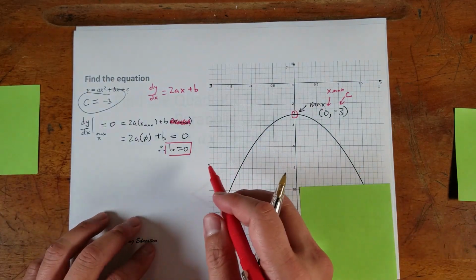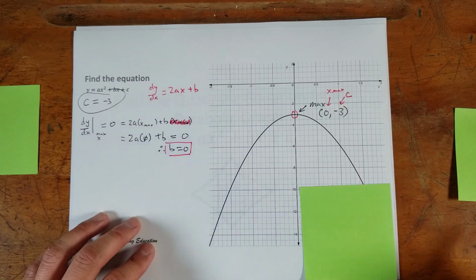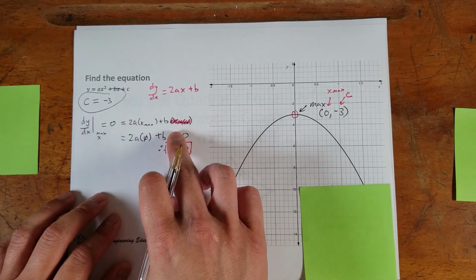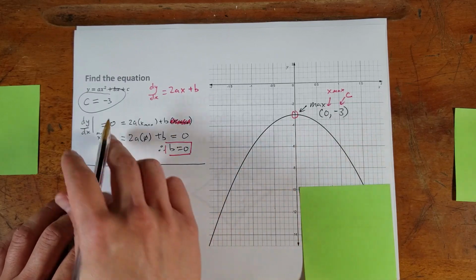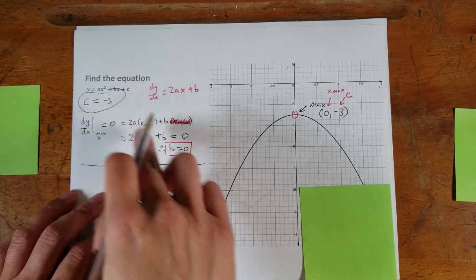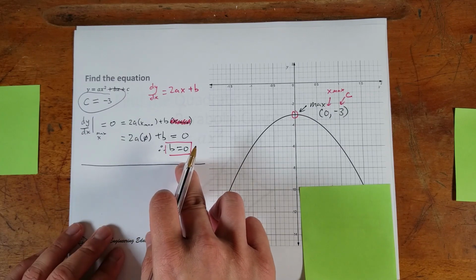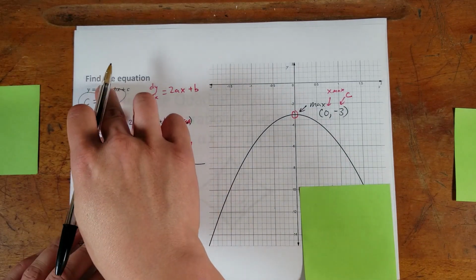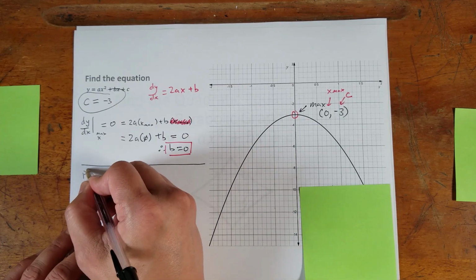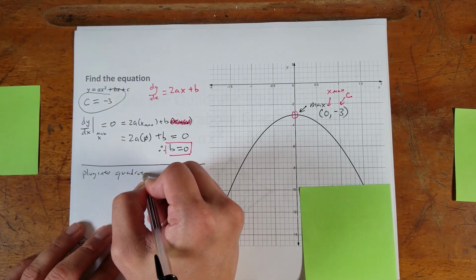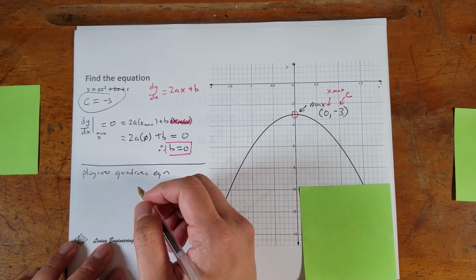This is a result of the location of this max component and what the derivative looks like. So this is really quickly how we are able to solve for b and c. Okay, what do we do now? Last step, plug these into our quadratic equation.